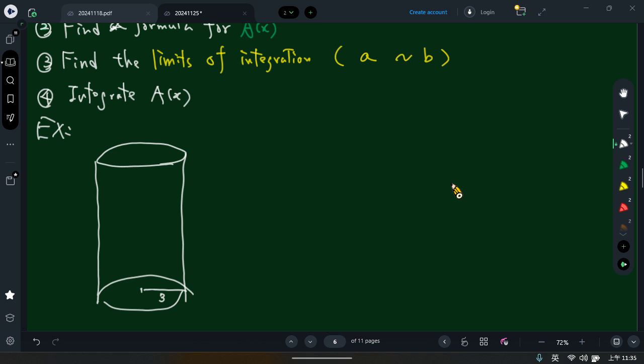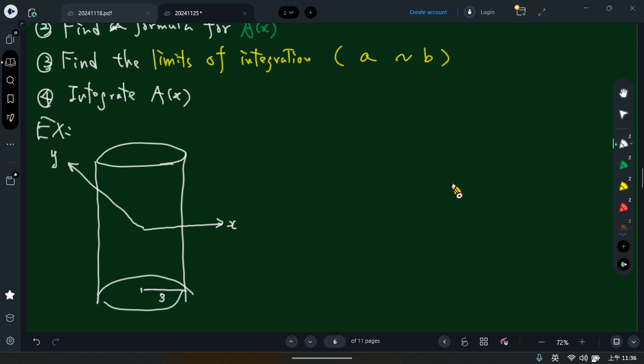Then I use a plane to cut it. Say this is x, this is y. This is a can with the base of a circle, and its radius is 3.